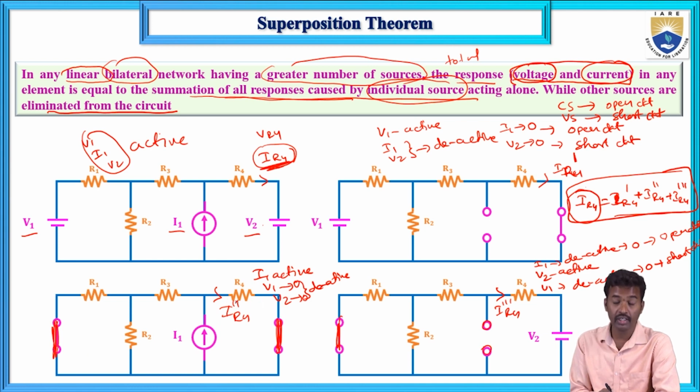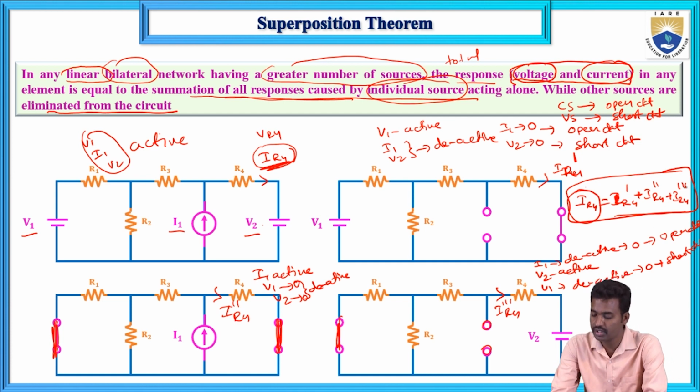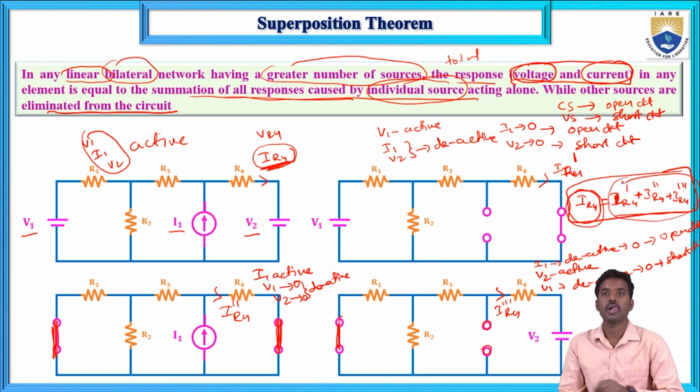Individual response 3, IR4 triple dash, is calculated when V2 is active and the current source I1 is replaced by an open circuit and V1 is replaced by a short circuit. Now IR4 equals IR4 dash plus IR4 double dash plus IR4 triple dash. Total response equals the sum of the individual responses.